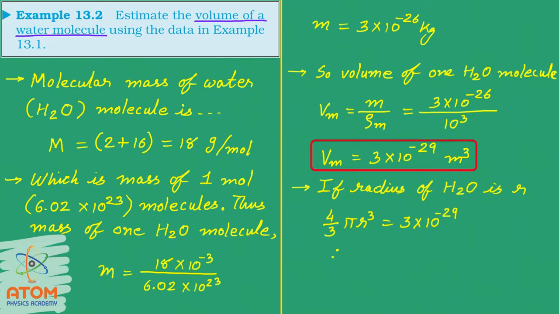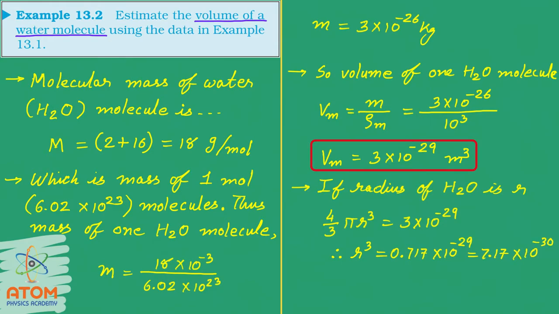And now from this we can find out r cube. r cube is 0.717 into 10 raised to minus 29, or I can also write it like 7.17 into 10 raised to minus 30.